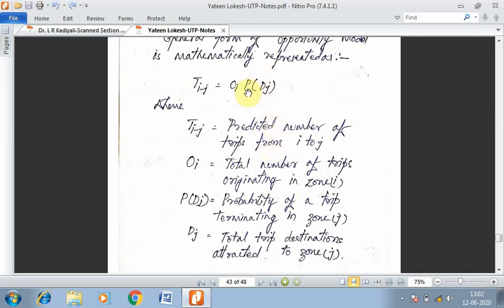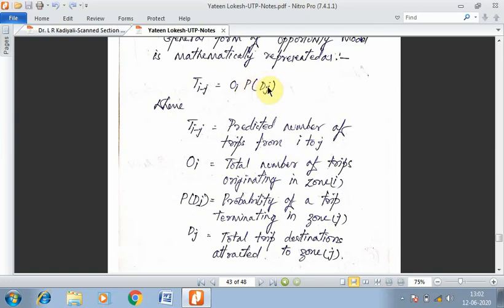Now here this probability is dependent upon the total trip destinations that are attracted to zone J. So these destinations within the parenthesis are influential to obtain the probability of trips terminating in zone J.